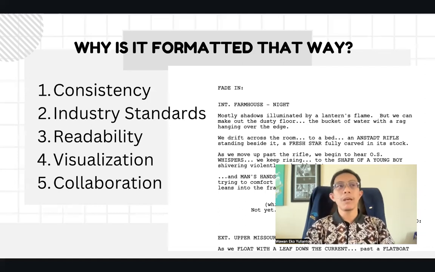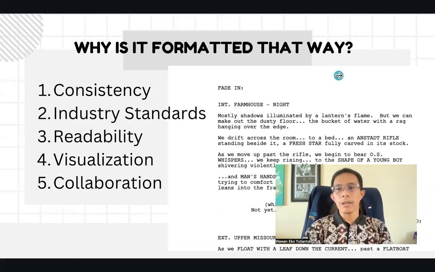Because as you know, a movie is an interdisciplinary work. A movie is created not only by directors, but also by actors, by art designers, and also by cinematographers. And you also need to involve people like producers and so on.